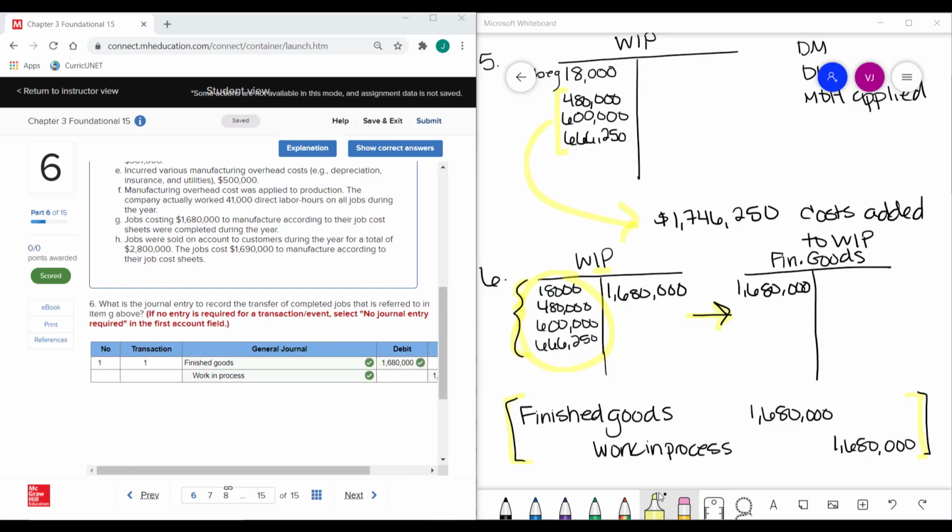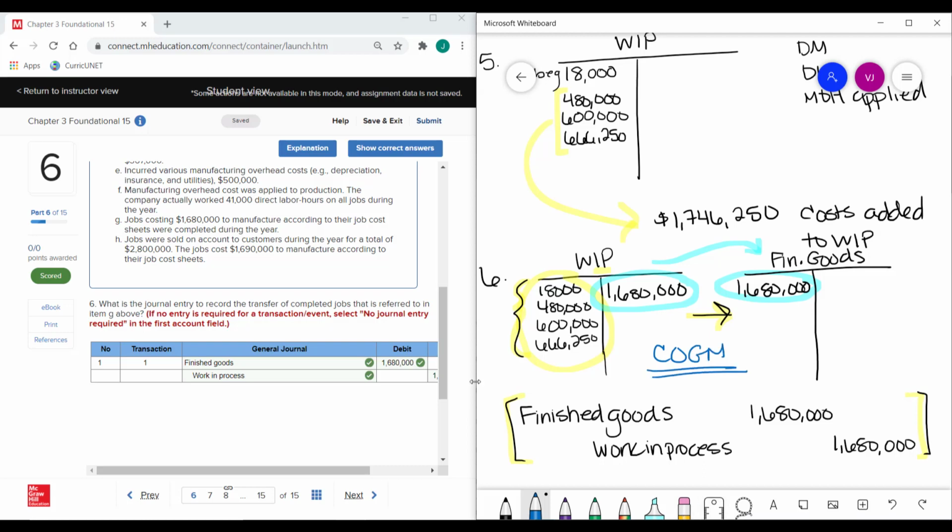And just a little side note, reminder, remember the cost that we move out of work in process to finished goods, right? Anytime you're moving something to finished goods, that means you finished these products, these jobs, right? So the amount that you move from work in process to finished goods is referred to as your cost of goods manufactured.